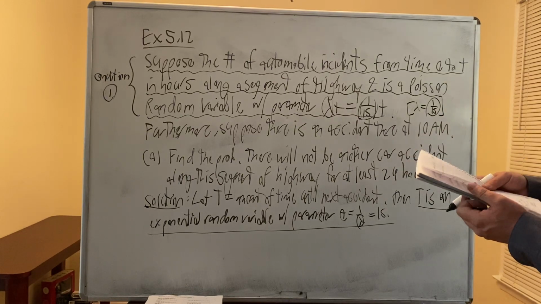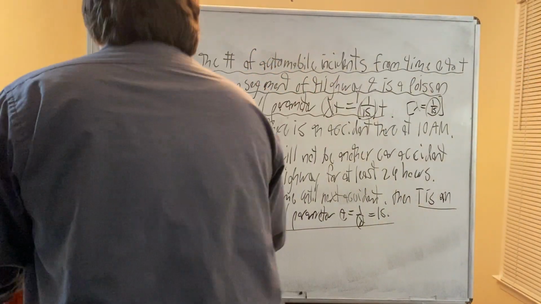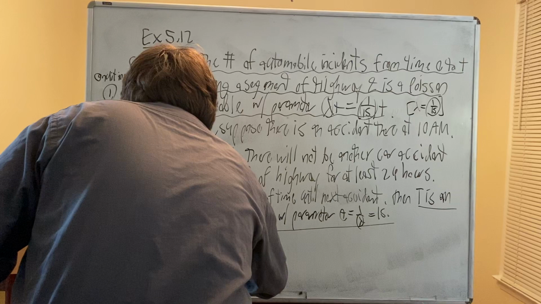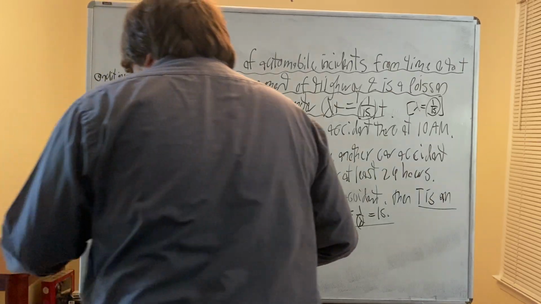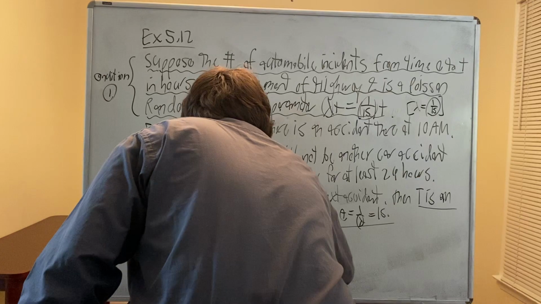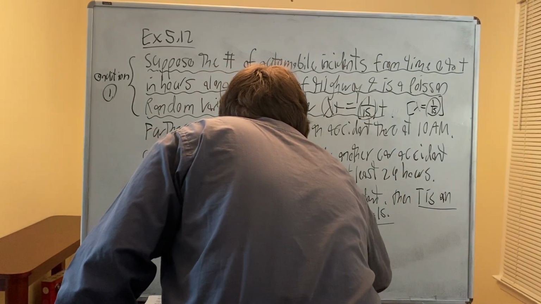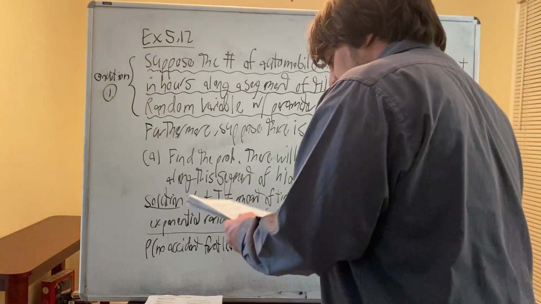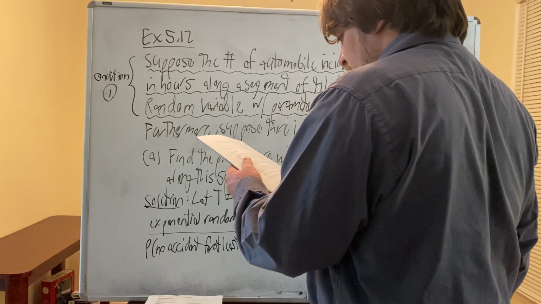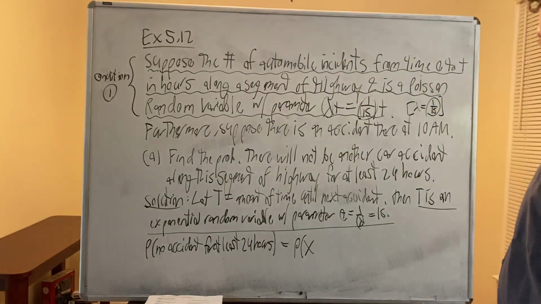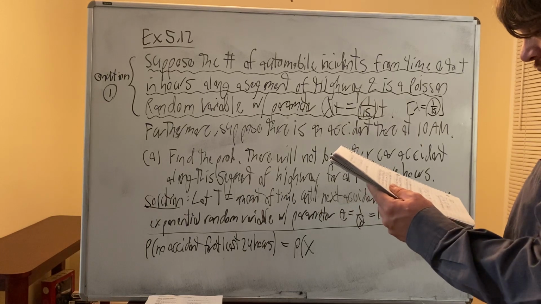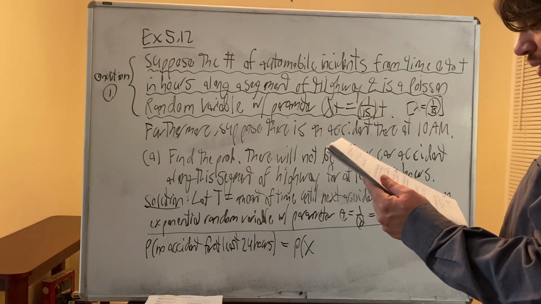Okay, and so now the probability there will be no accident for at least 24 hours is equal to, well, that's the probability that the wait time capital X is greater than 24.